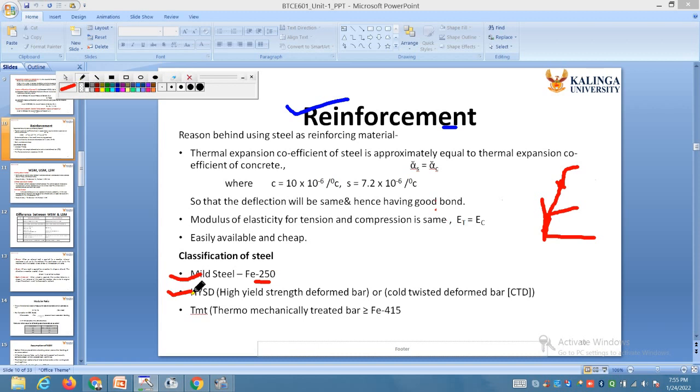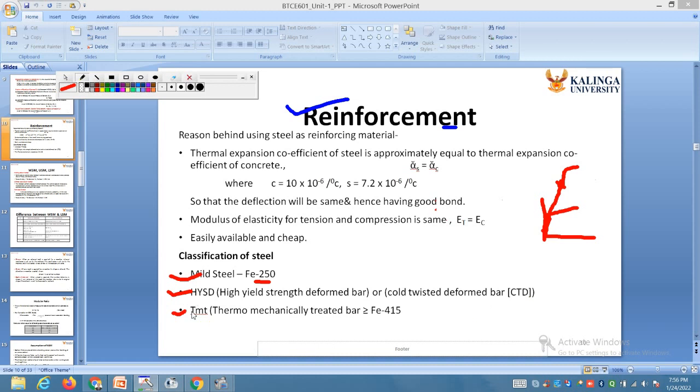Then another type of reinforcement which we are using is HYSD bars, or we may call it CTD bars: high yield strength deformed bars, or cold twisted deformed bars, or thermomechanically treated bars.